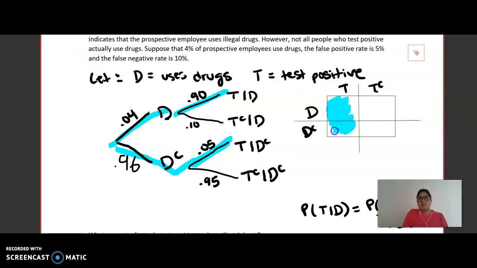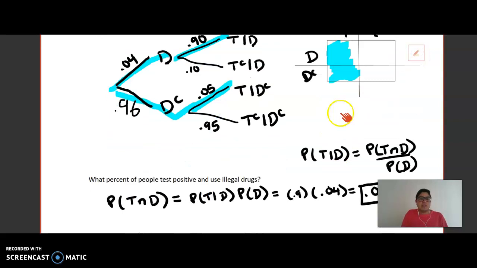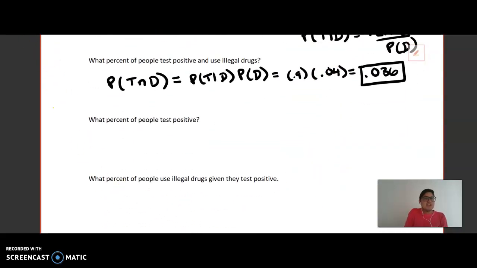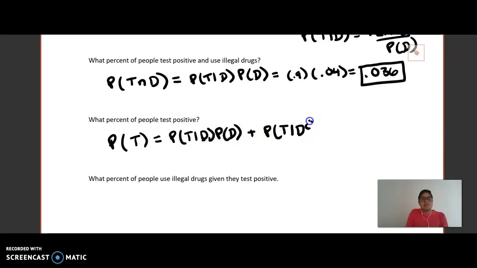These 2 events that we've defined. So you test positive and use drugs, or you test positive and you do not use drugs. So those are the 2 ways, which is why we're going to combine them. So this total probability here of testing positive is going to be those who test positive given they use drugs, plus those who test positive given they do not use drugs.